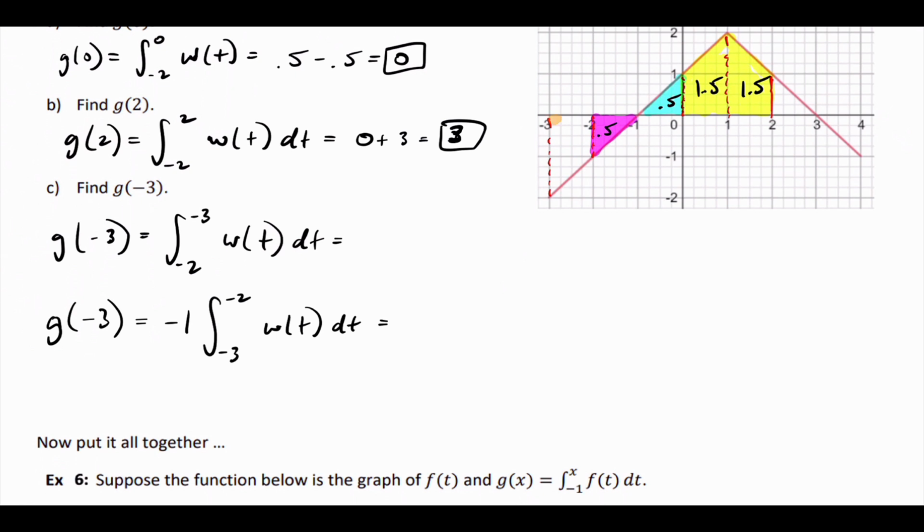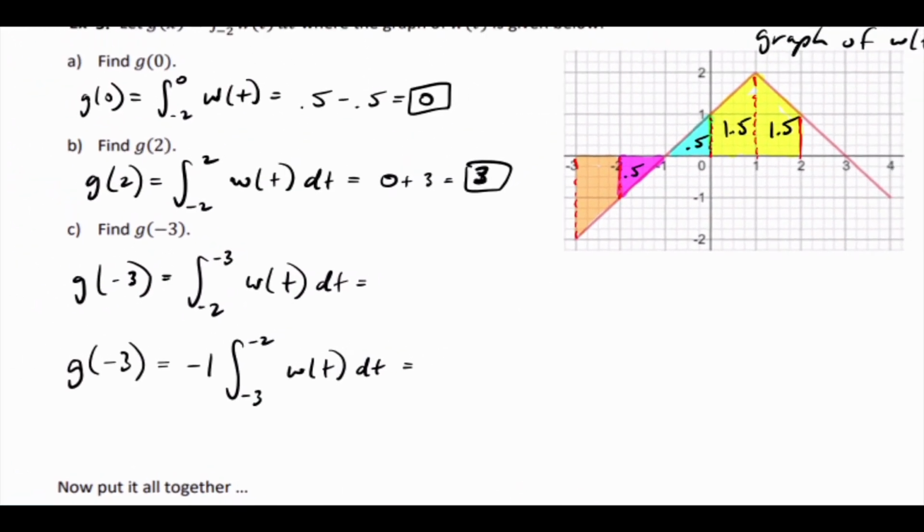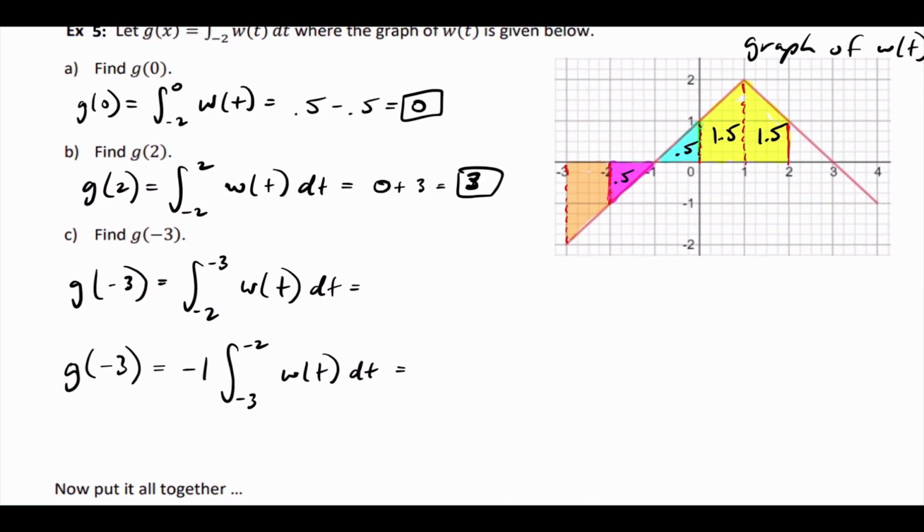Which is this orange part here. So again, it's a trapezoid. Base 1 is 2. Base 2 is 1, so I add them together, I get 3. Times the height, which is 1, so 3 times 1 is 3.